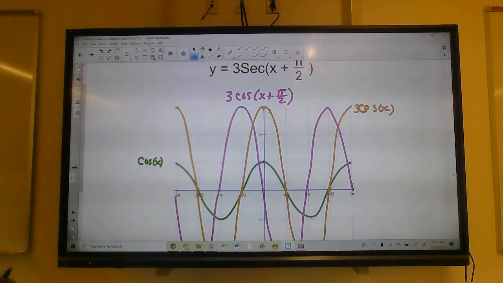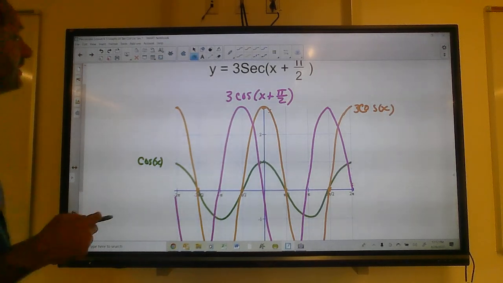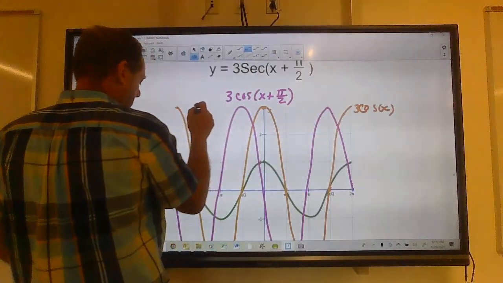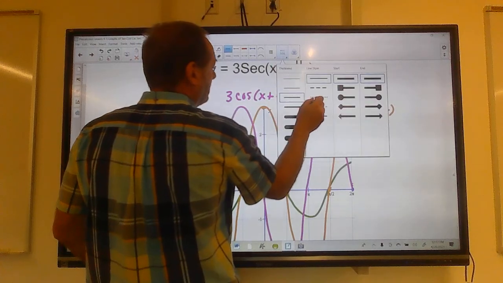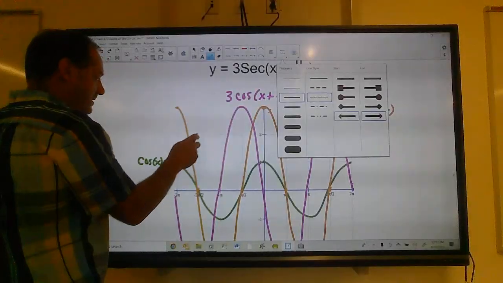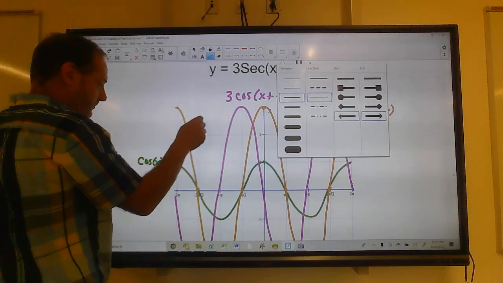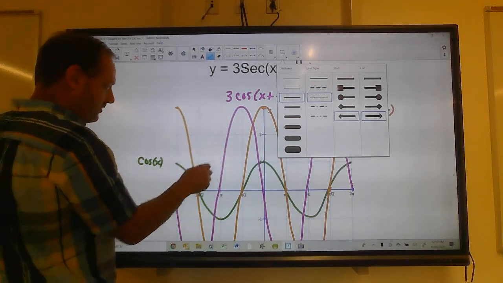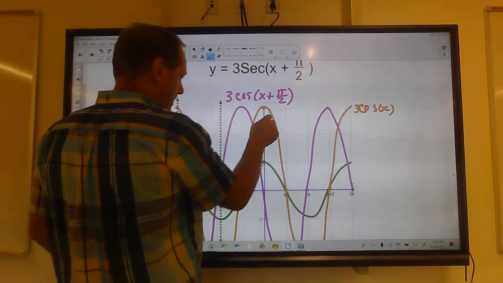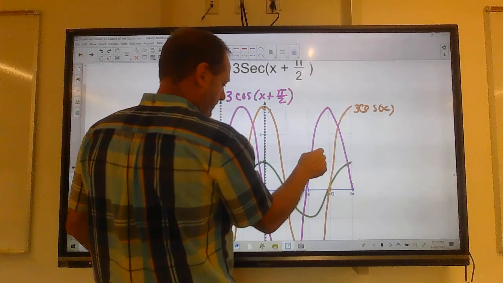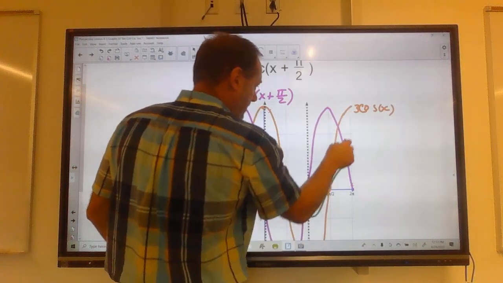Okay. Now, I didn't do myself a favor because this is going to go off the graph. So when I go secant, I'm going to have an asymptote. See, I'm using the purple one. So I'm going to have asymptotes here, and here, and here, and here, and here.